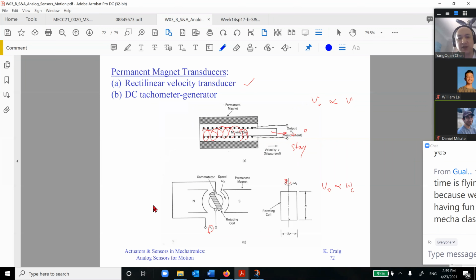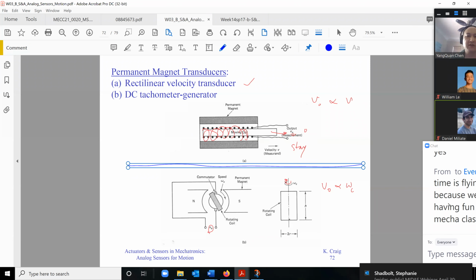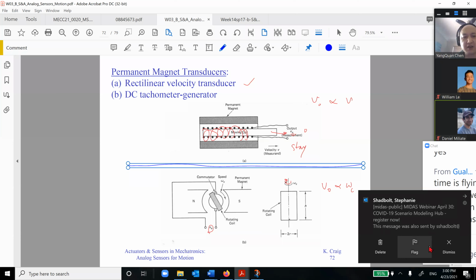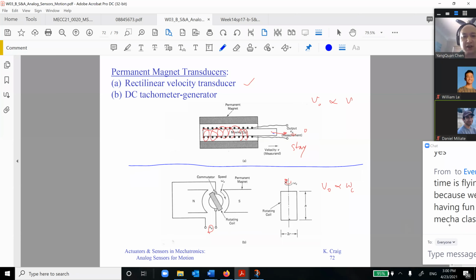So there are two. This is A. You have a linear motion for this bar, going this way. Your voltage comes out of the coil attached to the moving coil, because you have a permanent magnet in this coil.